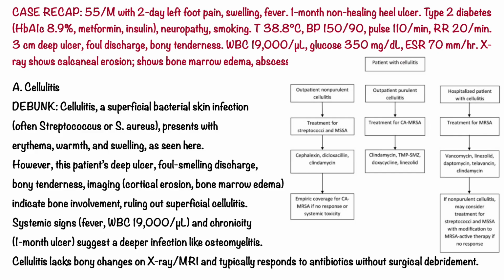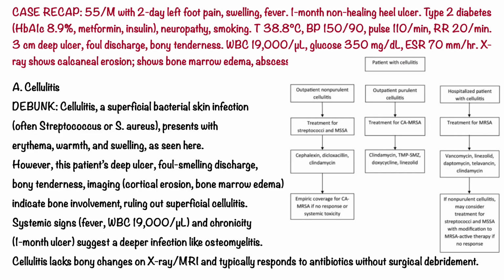The systemic signs and chronicity suggest a deeper infection like osteomyelitis, and cellulitis lacks bony changes on X-ray and typically responds to antibiotics without surgical debridement. So it is very highly unlikely in this case.